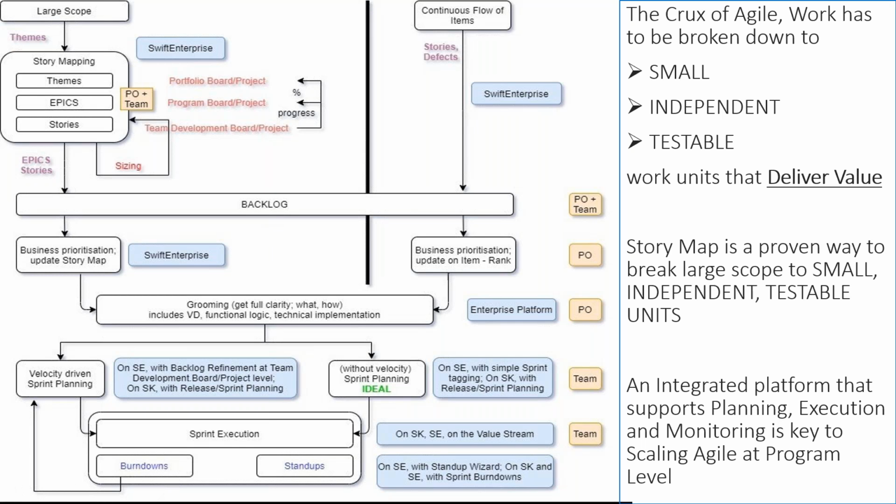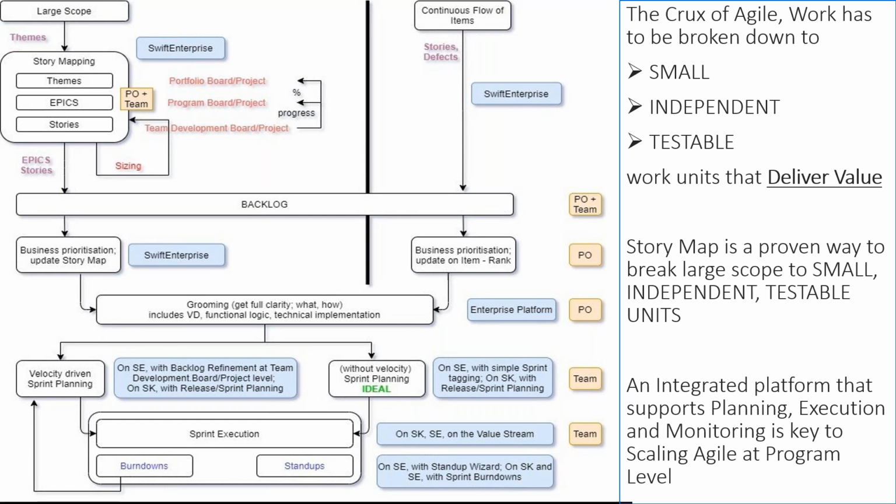You can have a single team working on that program, or you can have multiple teams working on that program. So we saw how work gets pushed to that backlog, and then how the work gets prioritized through a simple grooming process and how it gets allocated to various sprints. That is what we have covered.